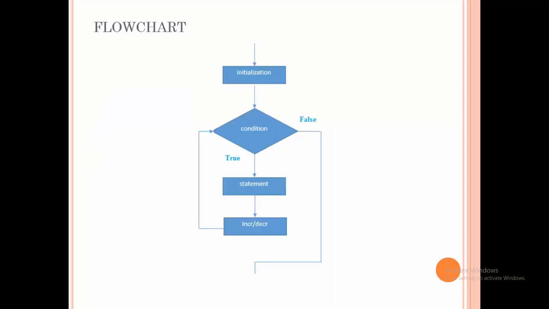So this is the flow of for loop. So we have initialization, then condition, then the statement to be executed. After that, increment or decrement. So initialization, here we initialize the value or the variable in use.